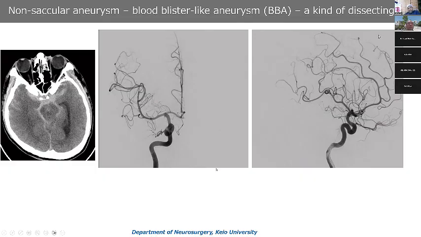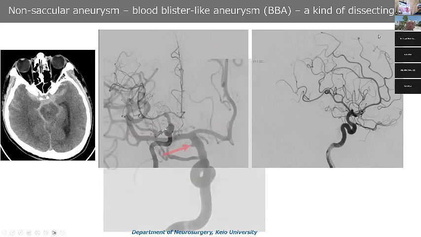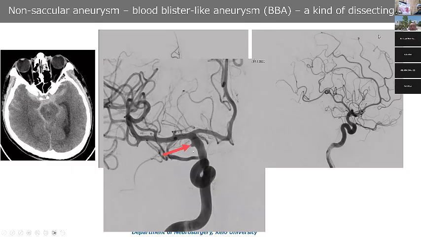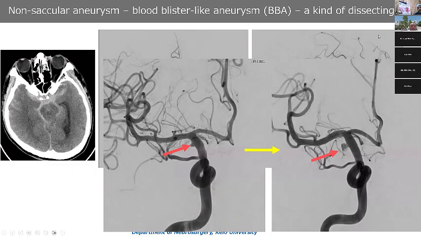The only abnormal finding is here, a very tiny protrusion of the vessel. But we waited several days, and this aneurysm enlarges with time. It means that this aneurysm is growing. This type of aneurysm is called a blood blister-like aneurysm, BBA, which is caused by dissection of the internal carotid artery. This is one BBA case.